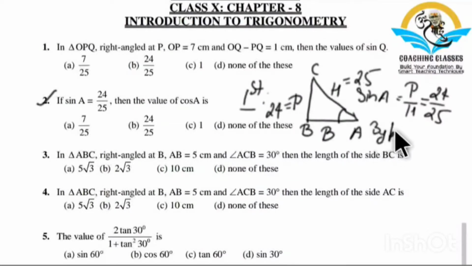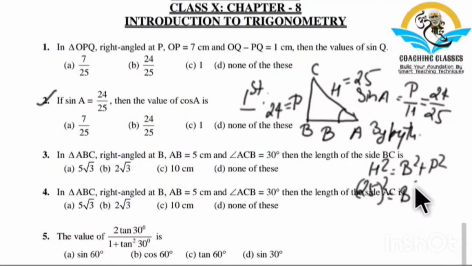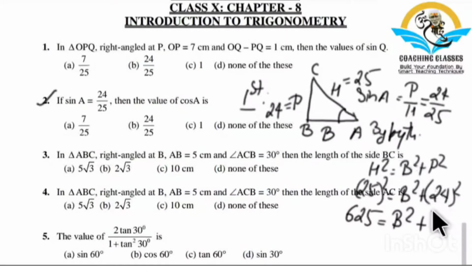Hypotenuse square equal to base square plus perpendicular square. Here hypotenuse is 25, base you have to calculate, and perpendicular is 24. 25 square equal to 625 equal to b square plus 24 square is 576.